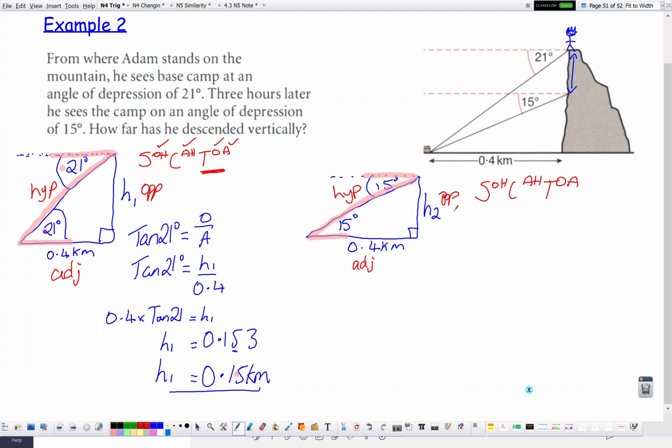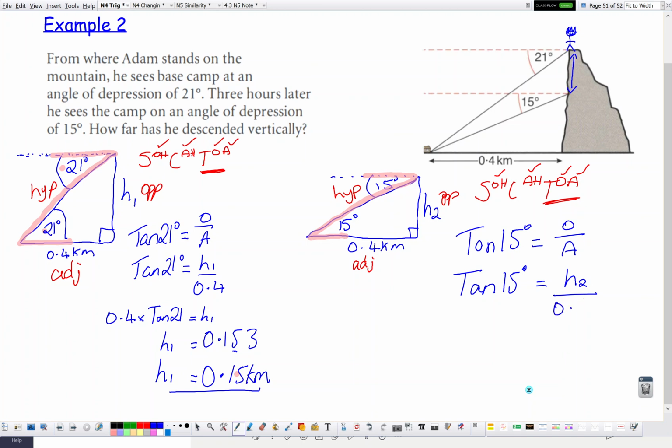We're not using the hypotenuse, we're trying to find the opposite side. We have the adjacent side. So yeah, just confirmed it's definitely tan that we are using again. So it is the tangent of 15 degrees, and that is equal to the opposite side over the adjacent side. So the tangent of 15 degrees is equal to h, the opposite side, which we're calling the second height, h2.